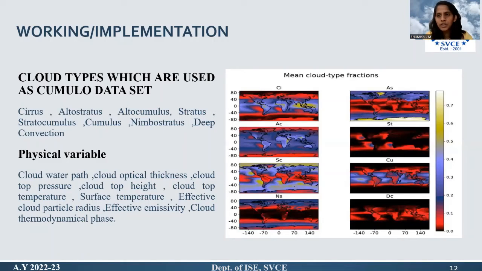Because of this information, the machine is going to give proper, accurate information about the clouds which are present or which photos or pictures were taken from the sensors. Let's go for the next slide.